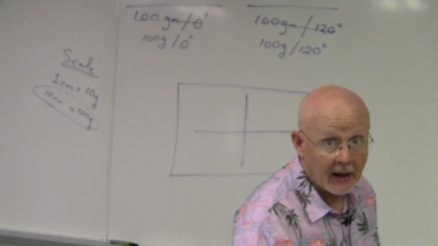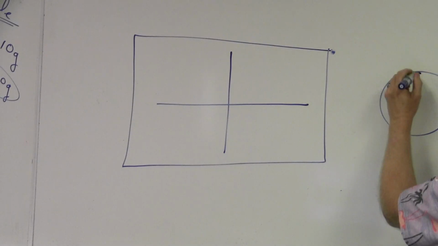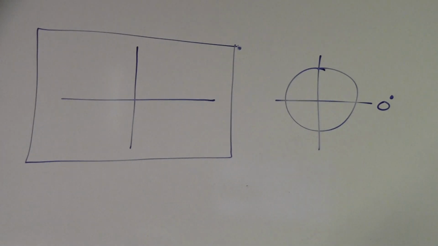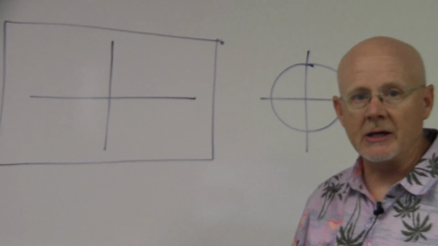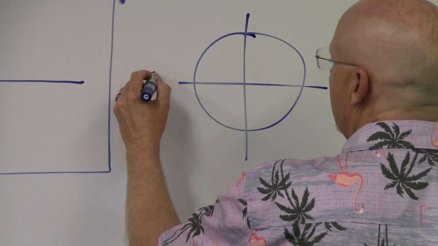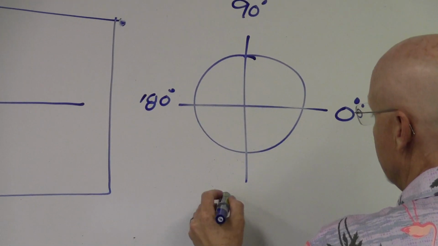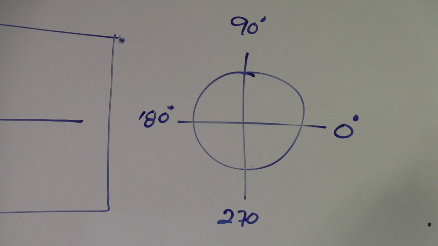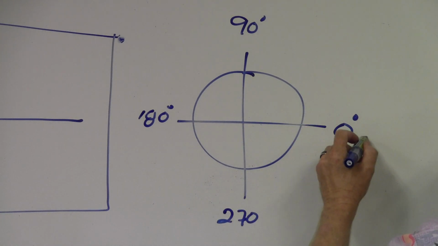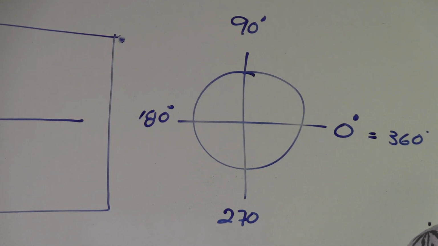And if it's been a while since you've used a protractor, let me just kind of put, here's a protractor. And if you remember, 0 degrees is straight along the x-axis. 90 degrees is straight up. 180 degrees is in the reverse direction, or negative x direction. 270 is here. And then 360 is also 0.